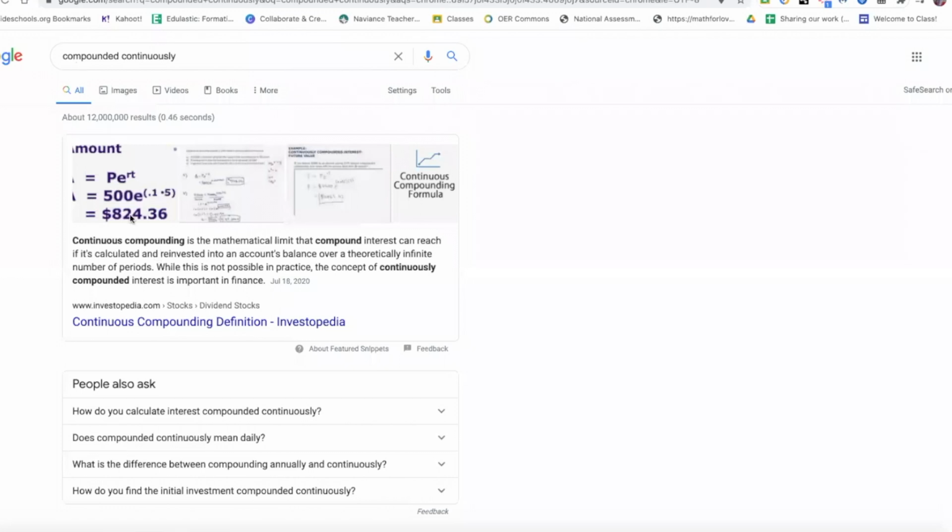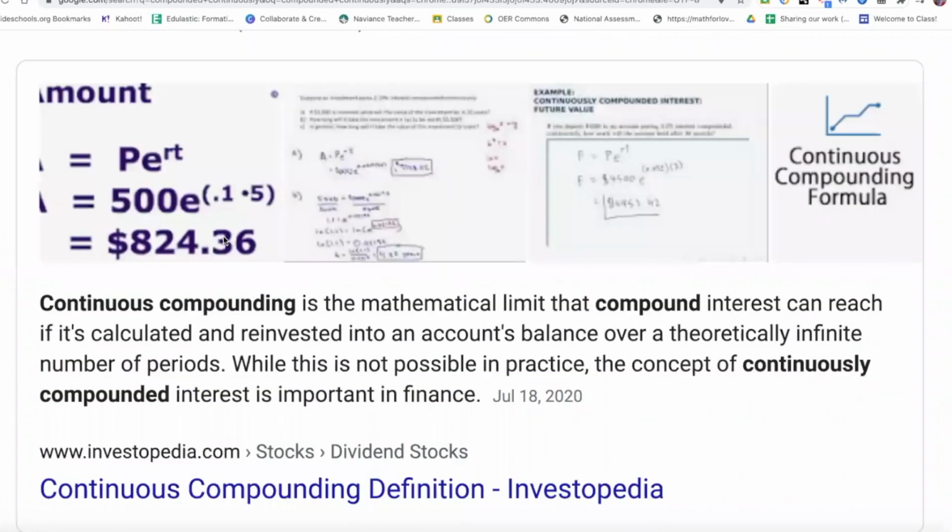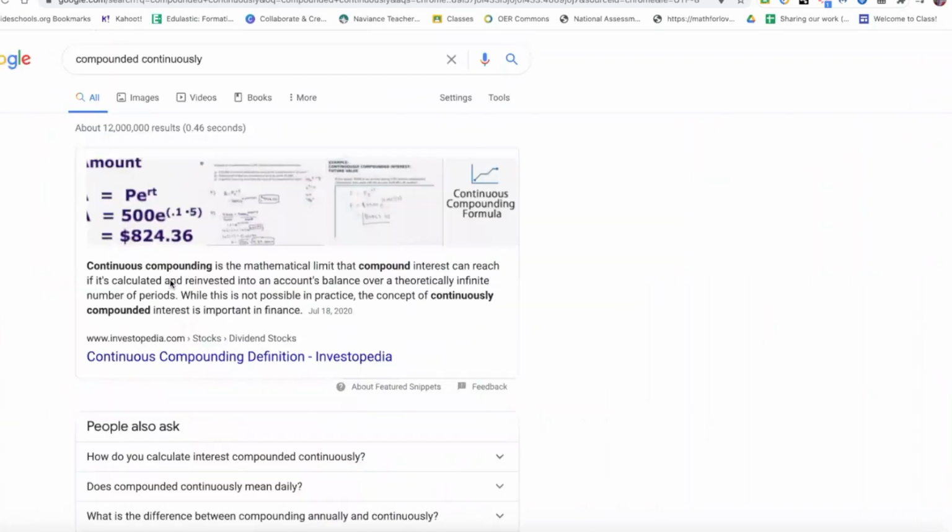Continuous compounding functions look like this one, P e to the RT. It's a function that is consistently multiplying up, without regard to only taking a calculation in October and January and May and August. That's what banks will do.